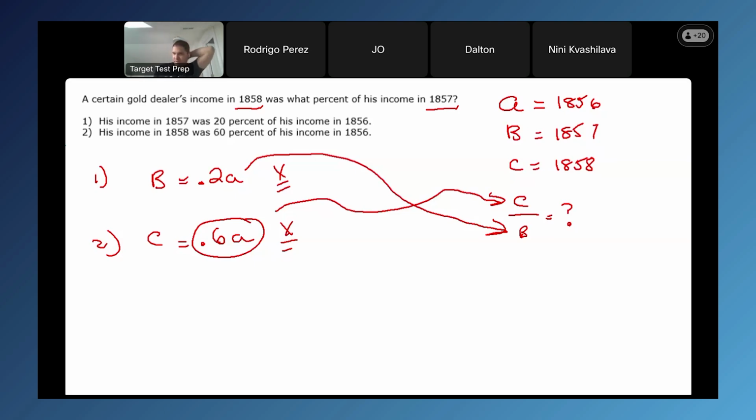I have an important question for everybody here. Is there anyone who did this to the bitter end, like actually plugged in the 0.2A, the 0.6A, and got an answer, a real number? Anyone?